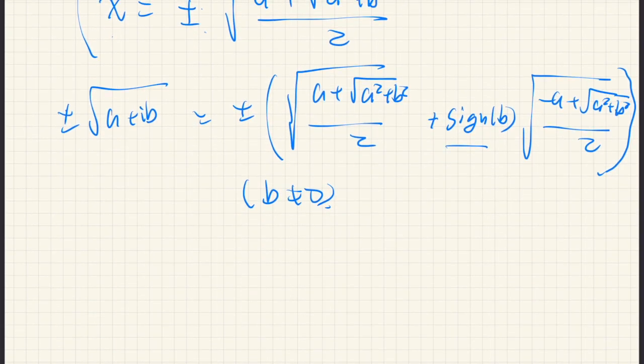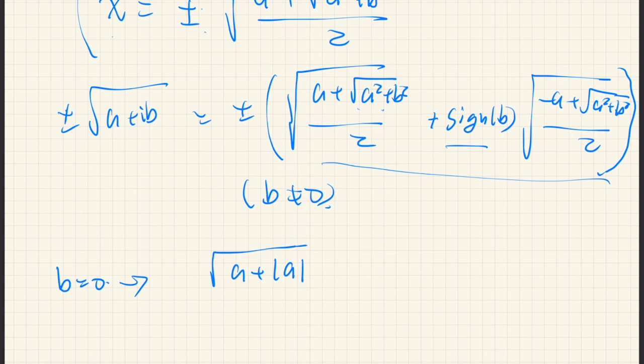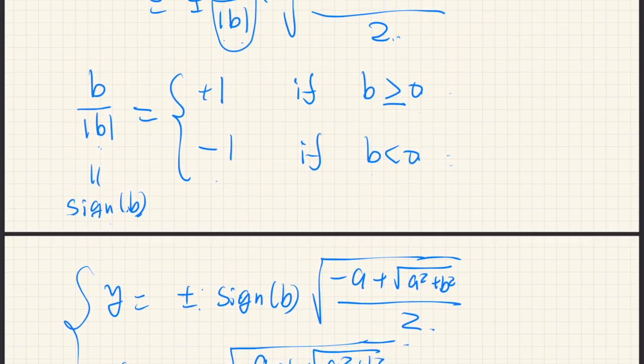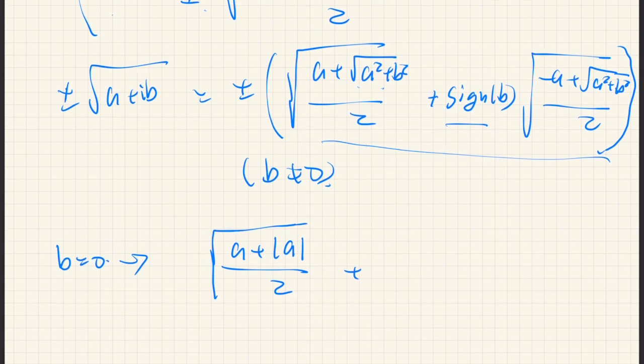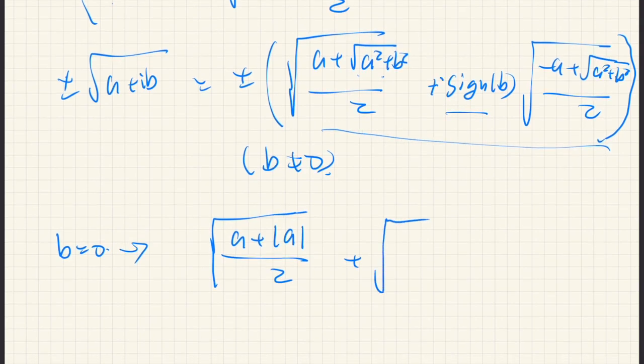So let's see that. If b is equal to 0, then substituting b equal to 0 into this equation, we have the square root of (a plus the square root of a squared) over 2, plus i times sign of b, which is positive because of the definition of this function, times the square root of (negative a plus the absolute value of a) over 2.